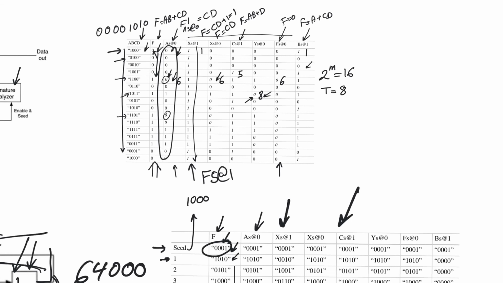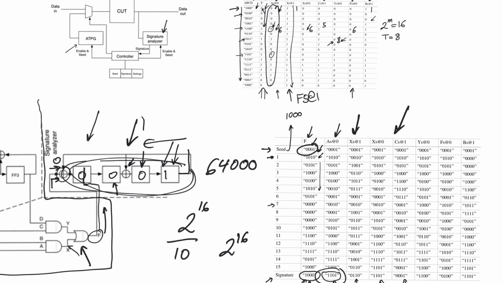In fact, signature analyzers are even worse than that, because you could have circuits that have different faults that have different output patterns that yield the same signatures. So the design of signature analyzers is not an easy task. What you want to do is choose the size of this signature analyzer so that first it gives you a brief signature that indicates whether the circuit is functioning properly or not, and what kind of fault has occurred.